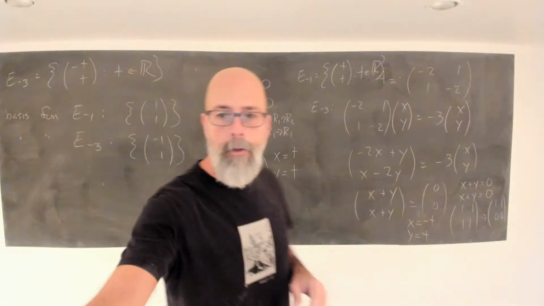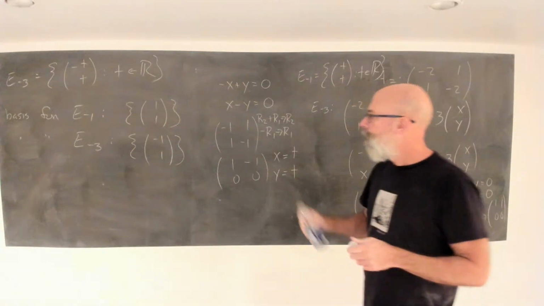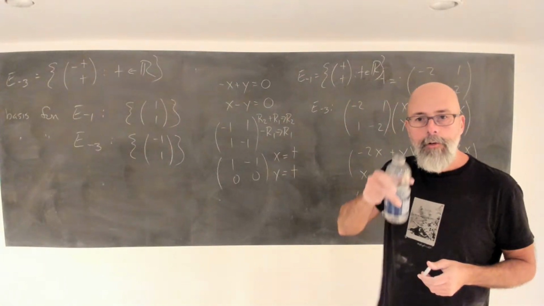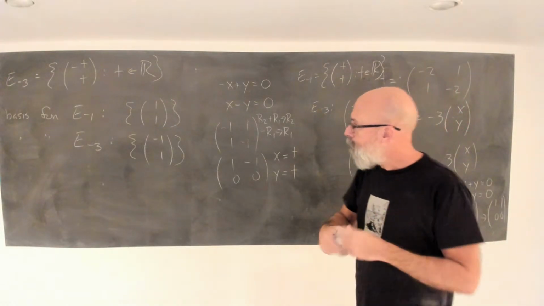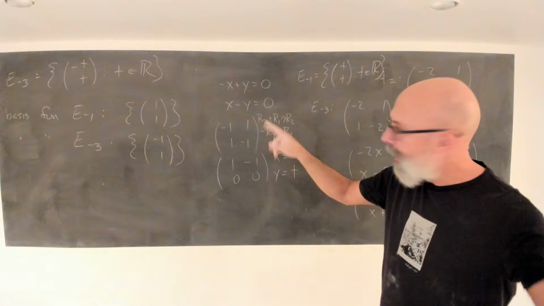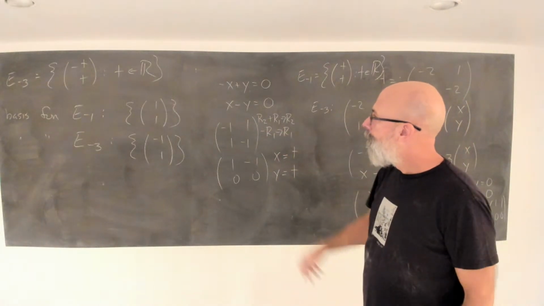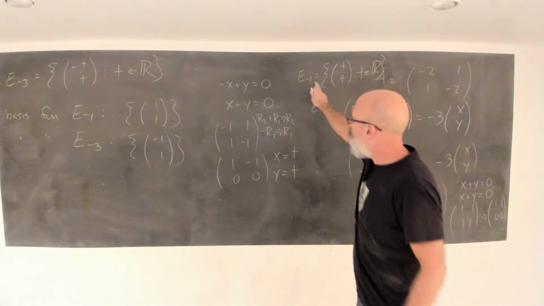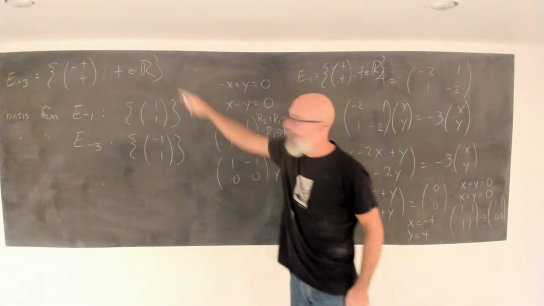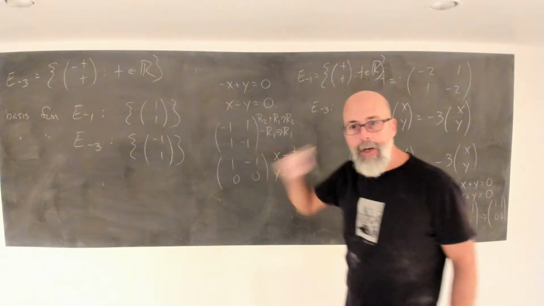Minus 1, 1. You can prove those. You can show that it's linearly independent and spans E minus 1. And similarly, this is linearly independent and spans E minus 3.